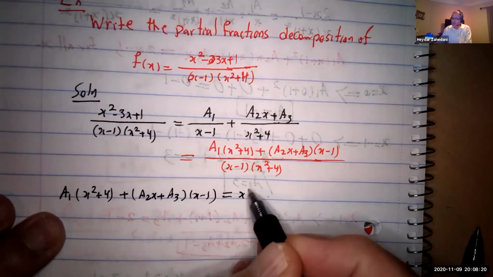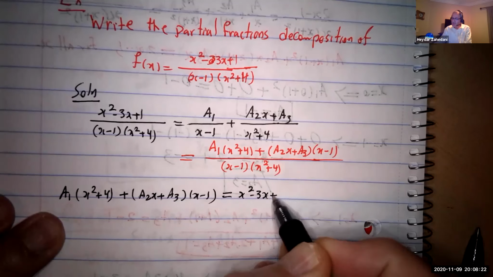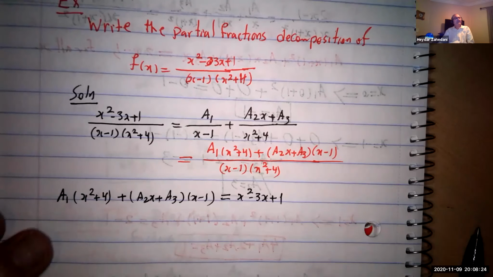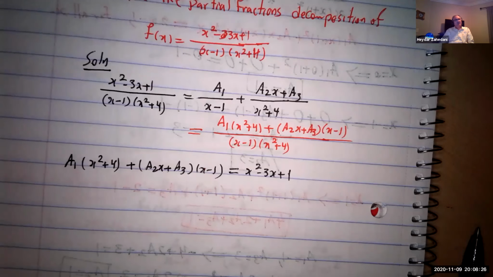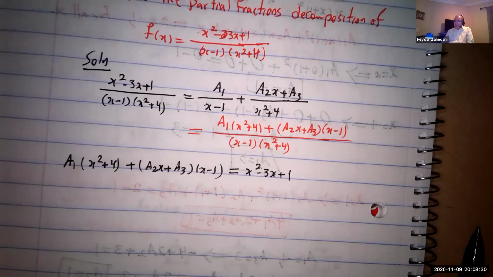It's equal to x squared minus 3x plus 1. So this is going to be the situation that you are going to have. Now let's see how we're going to handle this one.